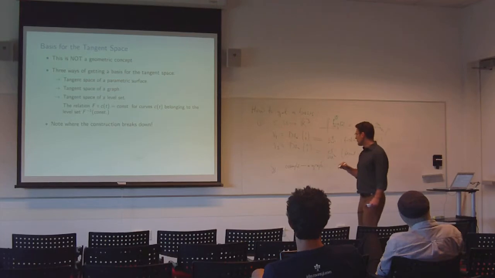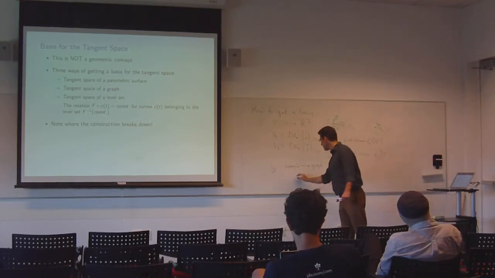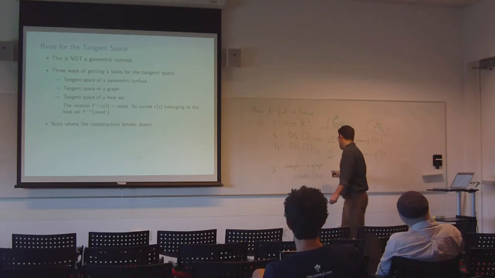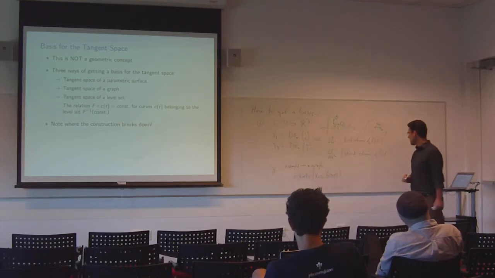Okay, so for example, a graph. Let me finish on this example here. For a graph, sigma of (x, y) is equal to (x, y, f(x, y)); it could be a square root, but let's keep it generic.